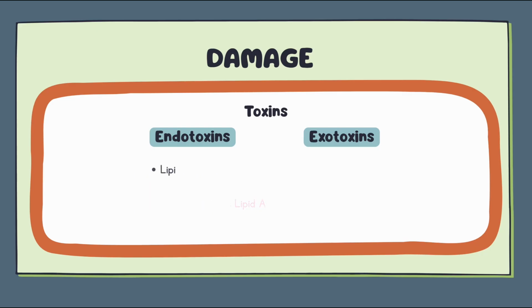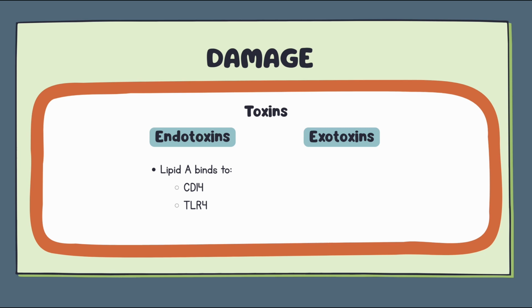Lipid A interacts and binds with immune receptors called CD14 and TLR4, which are located on macrophages. And when these receptors are activated, macrophages release large amounts of cytokines, and this leads to a strong inflammatory response being triggered. What are the effects of endotoxins?